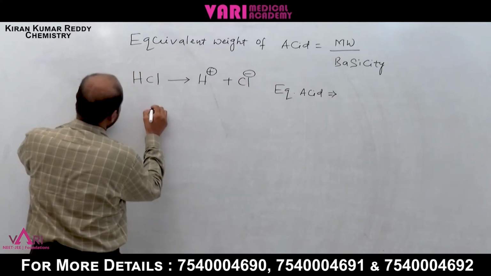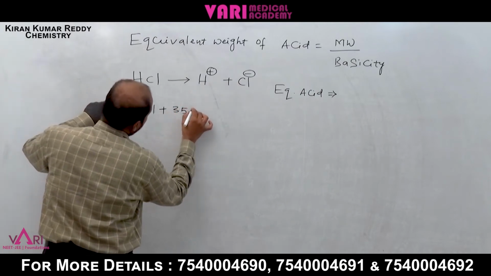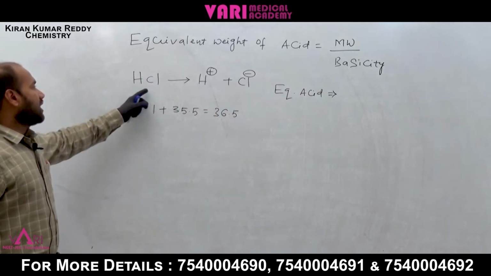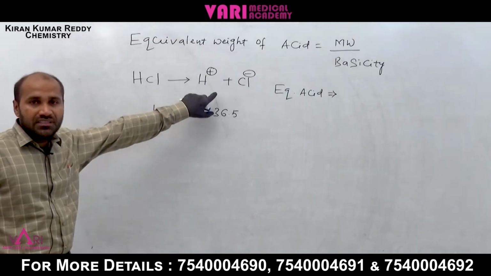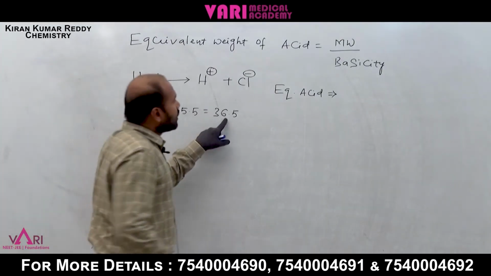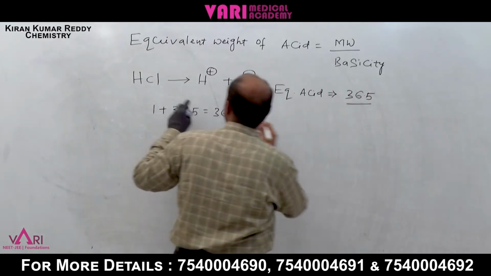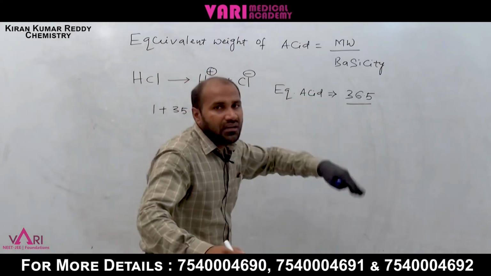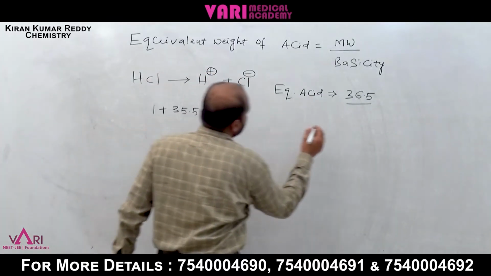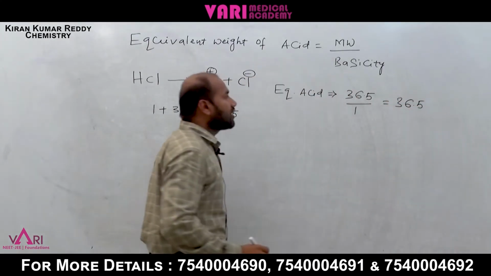Molecular weight: hydrogen is 1 plus chlorine 35.5, that is equal to 36.5. Now how many replaceable hydrogens are present? One replaceable hydrogen. So I am taking molecular weight 36.5 by basicity of the acid. What is basicity? Number of replaceable hydrogens present in acid. Here it is 1, that is equal to 36.5. Now what is the gram equivalent weight of HCl?